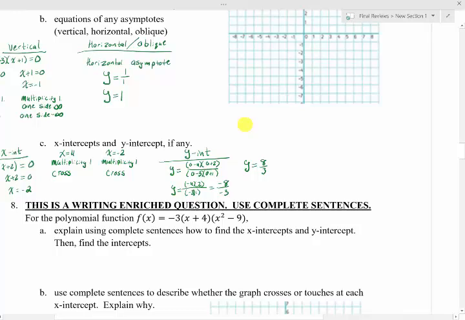And then one extra step that's not actually listed on here is creating a number line using all of our vertical asymptotes and any undefined points and our x-intercepts to see where our function is positive and negative, because that'll really help us when we're graphing this function.